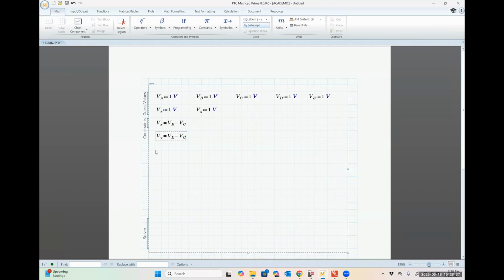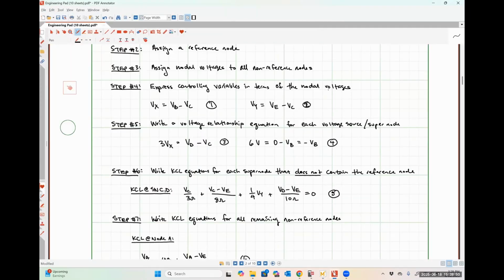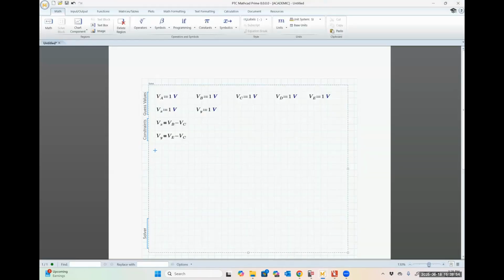Then I'm going to get into my voltage relationship equations. My first voltage relationship equation was 3Vx is equal to Vd minus Vc. So 3 multiplied by Vx, Control equals, Vd minus Vc.